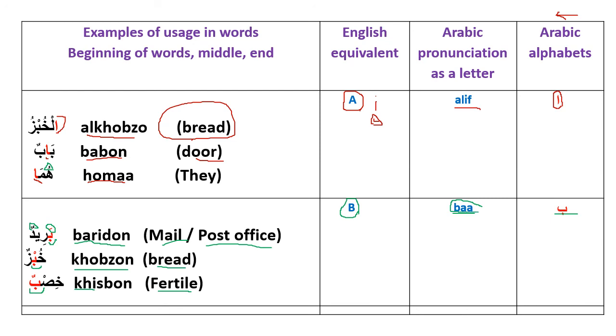However, alif here can be considered as a vowel. It has different sounds, depends on the diacritic that comes with it. It can be like a, as we said earlier. It can be like e. It can be like o. Depends on the diacritic that comes with it.